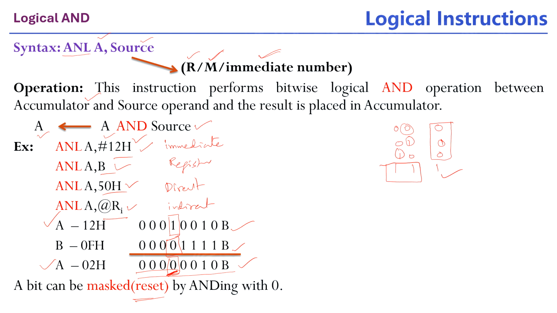Masking is nothing but reset. If you want to mask any bit within any register, you need to perform an AND operation with logic 0. This is the application of the ANL instruction in the 8051 microcontroller.